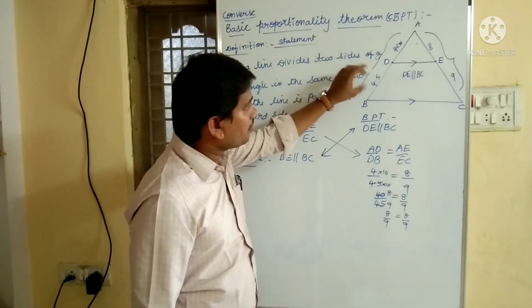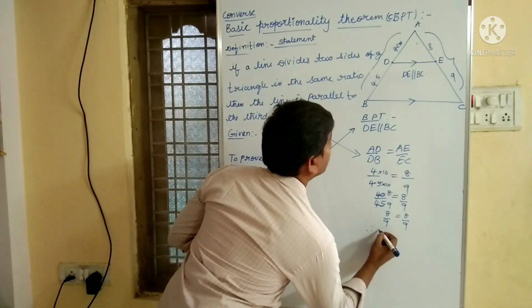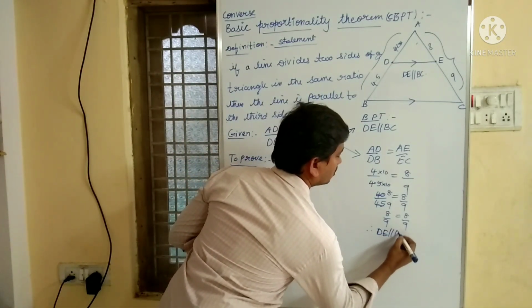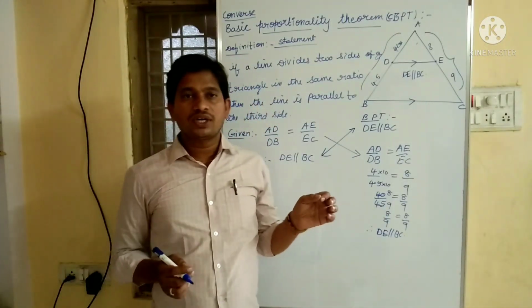Children, AD by DB equals AE by EC, hence DE is parallel to BC. So this is called the converse of the basic proportionality theorem.